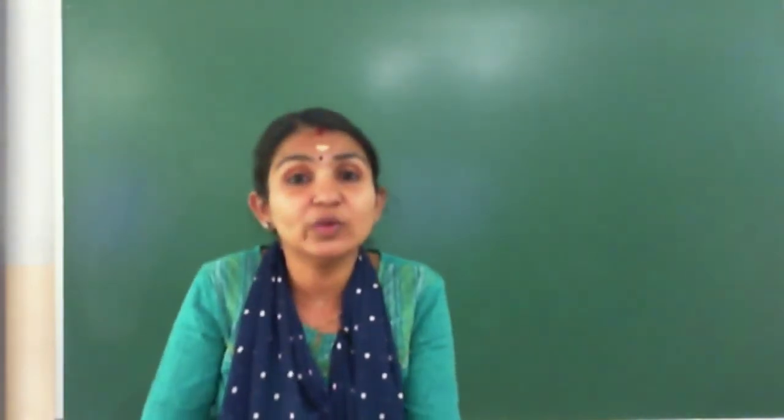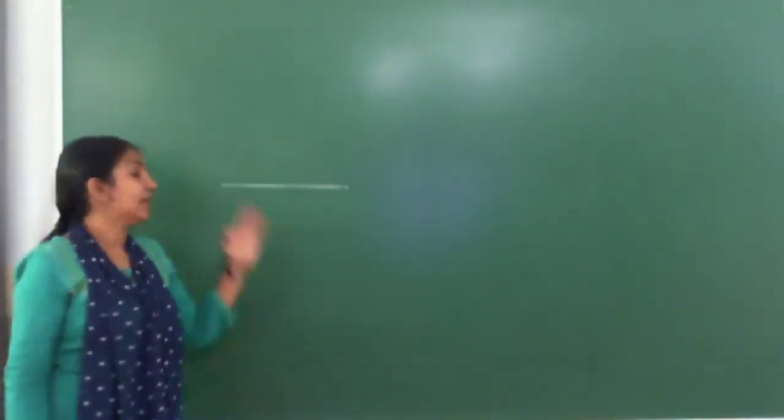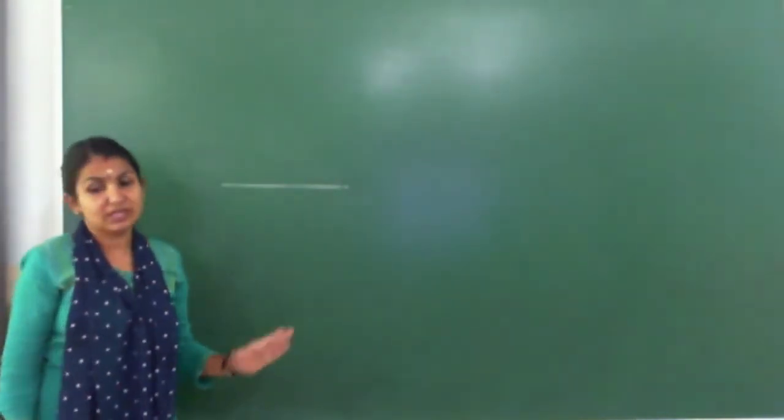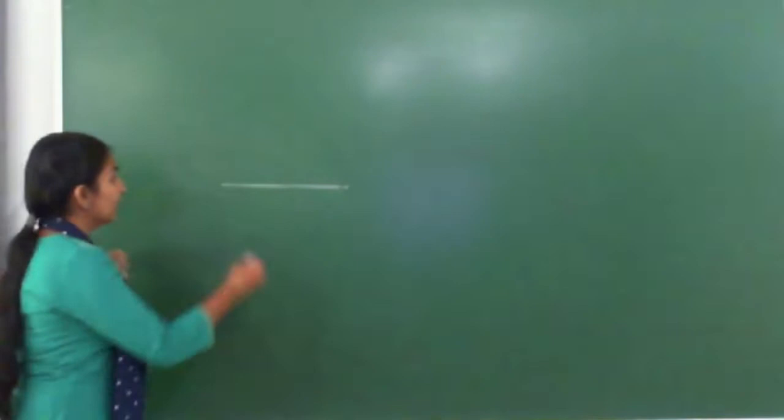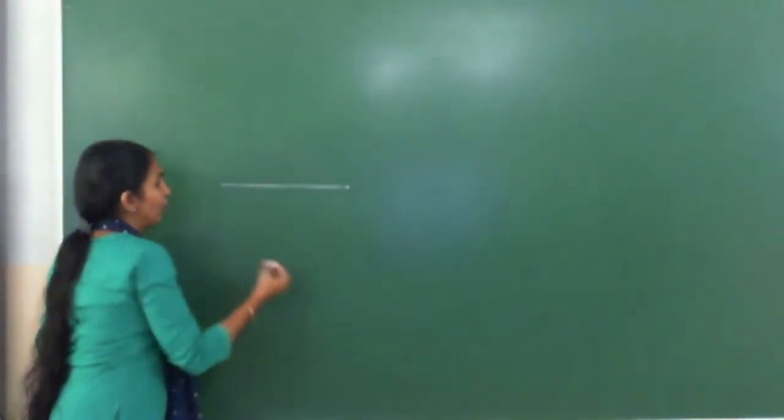Now we are moving towards the next one, that is how we can draw a perpendicular to a given line segment. First we need a line segment. So we draw one line segment and now we need a perpendicular line for this. How can we draw the perpendicular to that? Its endpoints are here, so these are the 2 endpoints.